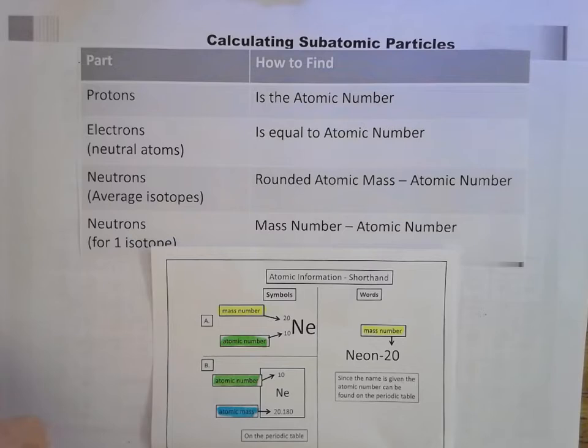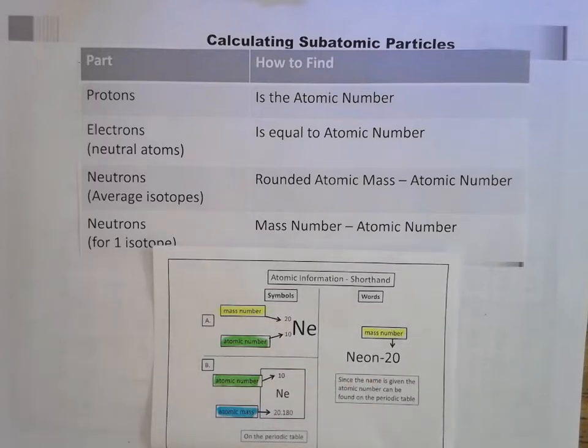If you are given a symbol that looks like this, the atomic number is right there on the bottom for you. And if you're given words, you have the name, so you can go to the periodic table and find the atomic number. So I'd read neon, and then I could go to the periodic table, which would look like this, and I could find the atomic number.